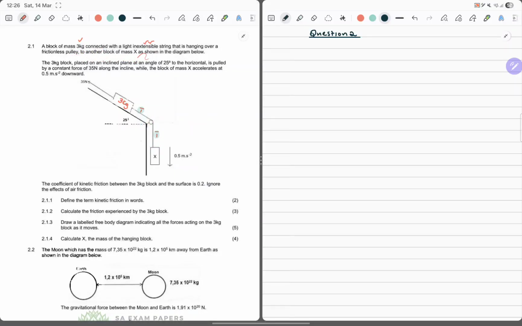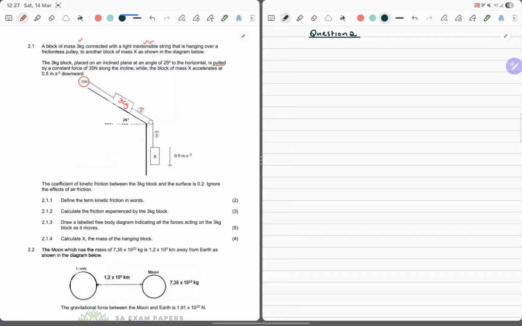Now, to another block of mass x, as shown in the diagram. So there's the block, it's hanging. The 3 kilogram block is placed on an inclined plane at an angle of 25 degrees to the horizontal. So that's good, and is pulled by a constant 35 Newton force along the incline. Remember what I was saying?